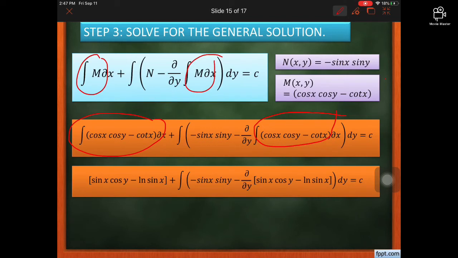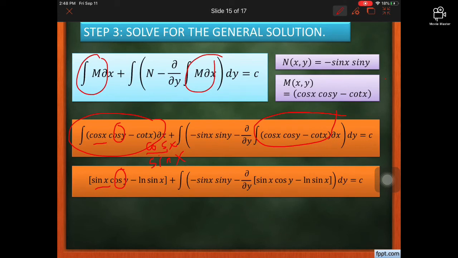So we just need to copy cosine y, and then the integral of cosine x is sine x, and then the integral of cotangent x is ln sine x, because if we define cotangent x, that is cosine x over sine x, right?